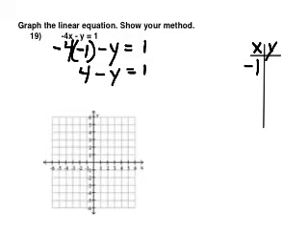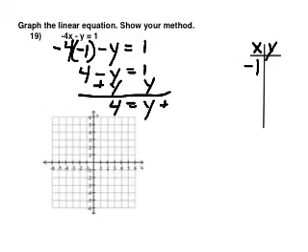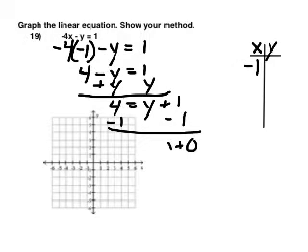Let's add a positive y, and that gives us 4 equals y plus 1. Okay, add a negative 1, and that gives us 3 equals y. So our first one is 3.